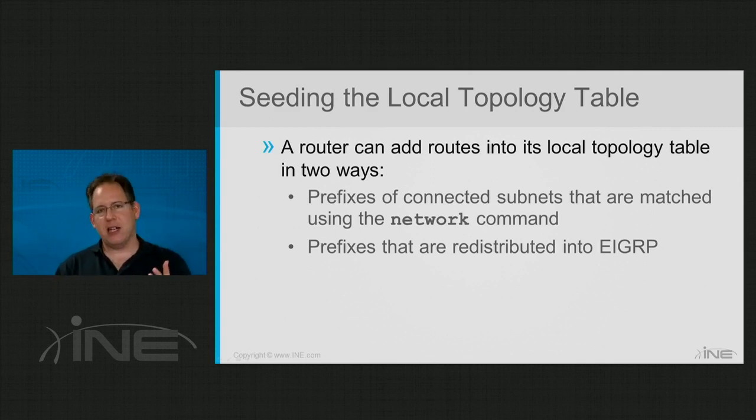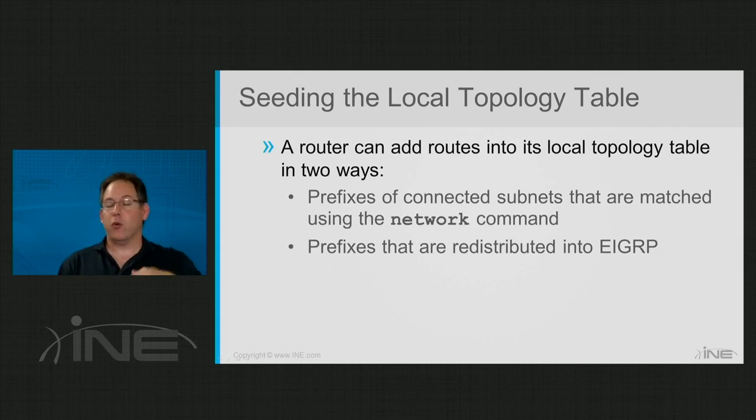So for example, when I did redistribute connected, I was telling EIGRP, look at all of your connected subnets, even the ones that are not included in network commands. Convert those into entries in your topology table, send them out as EIGRP routes to your neighbors.